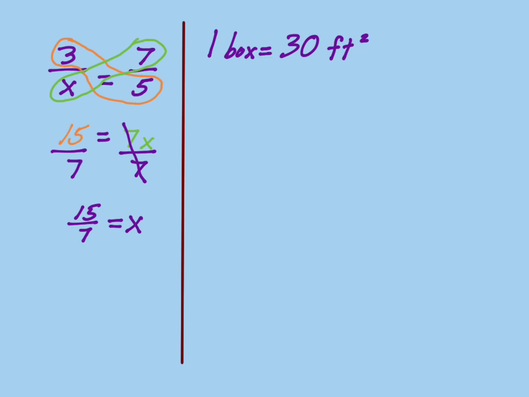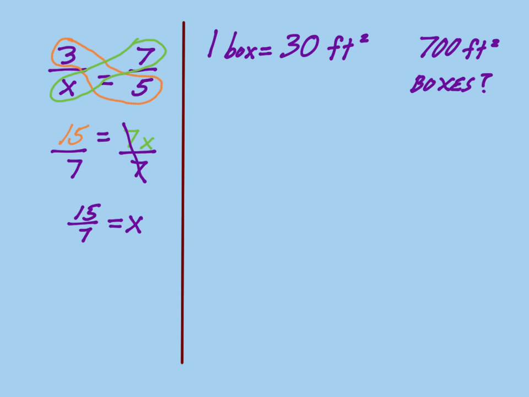And what we know was we do some measuring, and we have an area that we want to put flooring down in that's 700 square feet. And what I need to do is figure out how many boxes of flooring do I need to buy.